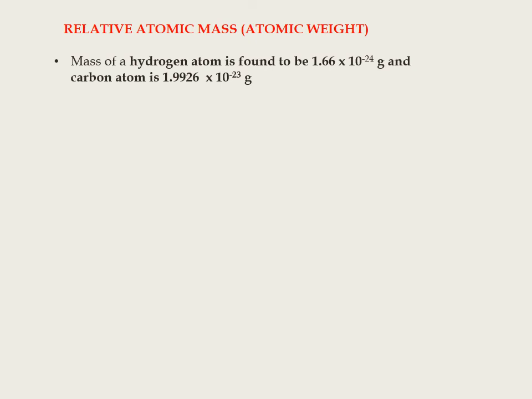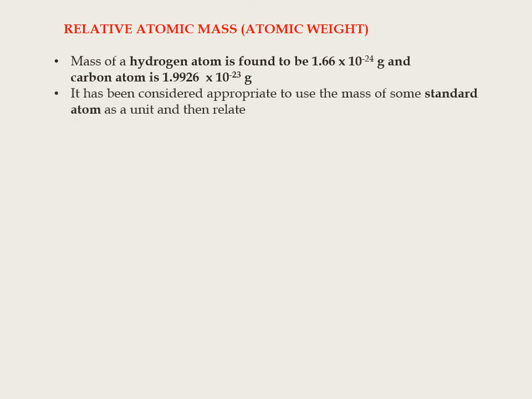As these masses are too small, it is not convenient to use kilograms or grams as unit. It has therefore been considered appropriate to use the mass of one standard atom as unit and then relate masses of other atoms to it.